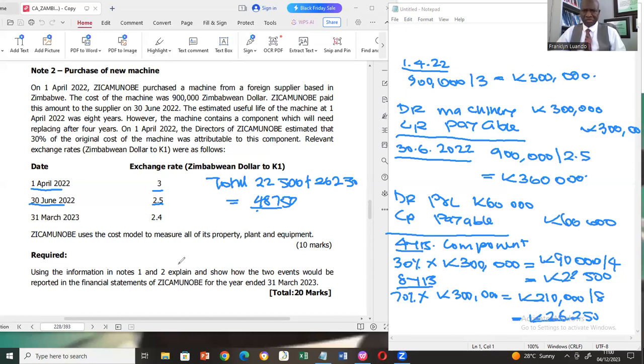The carrying value of the machine will be 300,000 less 48,750. This will give us 251,250. That's what will be reported in the statement of financial position. So we have answered this question conclusively.